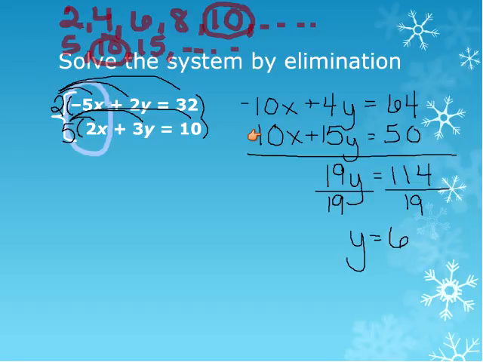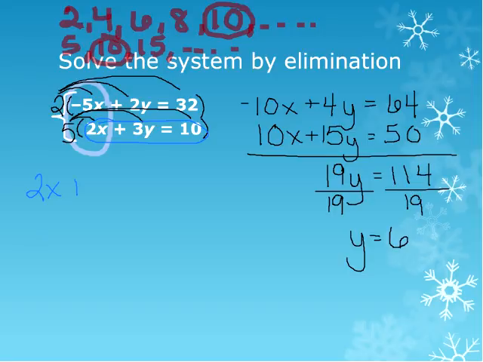I generally go with the smaller numbers. So for me, I would probably think old, like this equation right here, the old second one is probably the easiest because the numbers are the smallest. So for me, that's what I look for because I do better with smaller numbers than large. So I would probably substitute into this one.